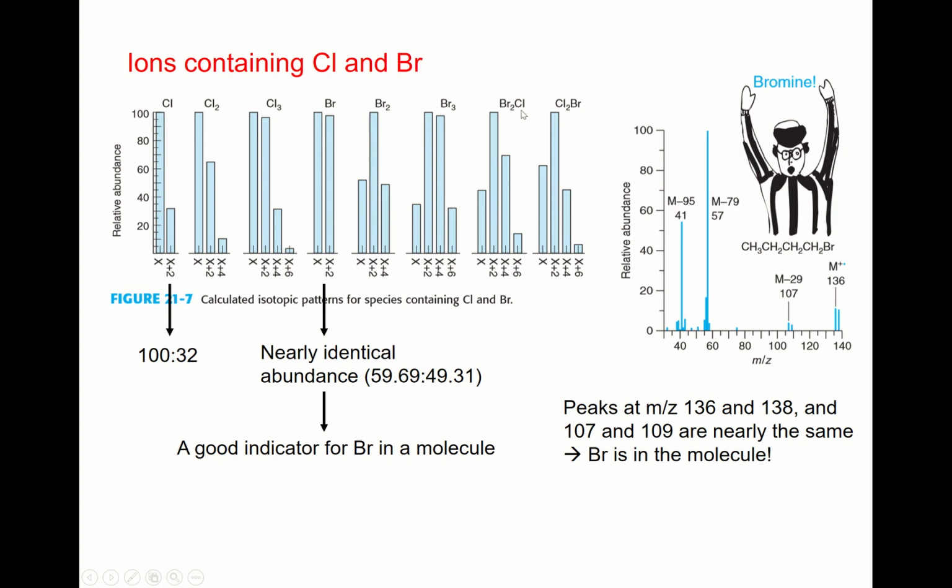And this one, Br2Cl, you expect 1, 2, 3, 4 isotope peaks, but the main peak, the base peak, is at mass number x plus 2. And Cl2Br, we expect this kind of mass spectrum.